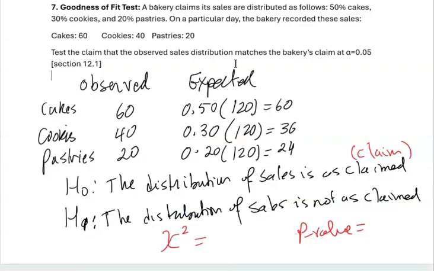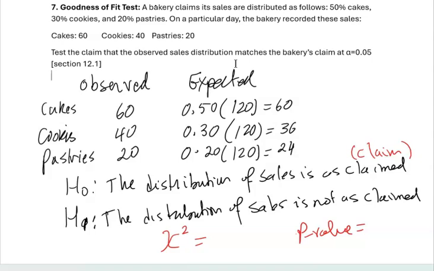How do I know the claim is in H0? Look at what it says: test the claim that the observed sales distribution matches the bakery's claim. H0 means the claim is still as is, it did not change. So you say there is not enough evidence because the p-value is more than alpha. There is not enough evidence to reject the claim that the observed sales distribution matches the bakery's claim at alpha equals 0.05.